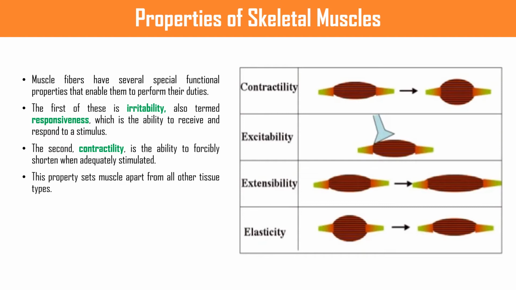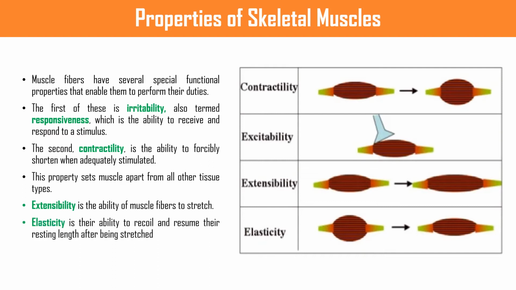This property sets muscles apart from all other tissue types. Extensibility is the ability of muscle fiber to stretch, and elasticity is their ability to recoil and resume their resting length after being stretched. Four properties: responsiveness, contractility, extensibility, and elasticity.